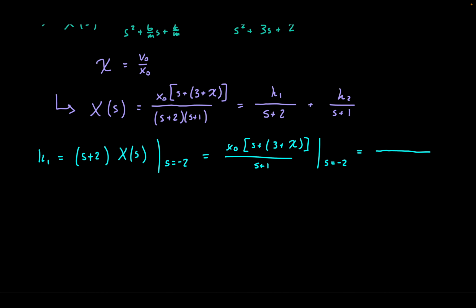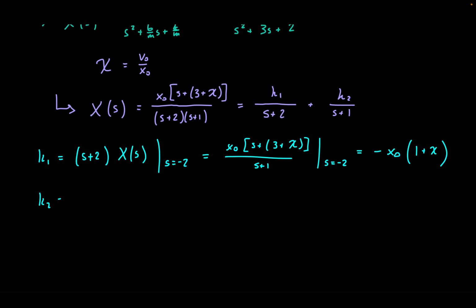Now here in the denominator, we're going to have s plus 1, or -2 plus 1, so -1. So we'll have negative x naught times our s, which would be -2 plus 3, or essentially 1, plus chi, just like that. And now we have our first k value.